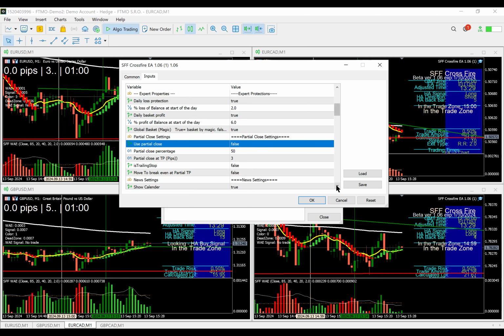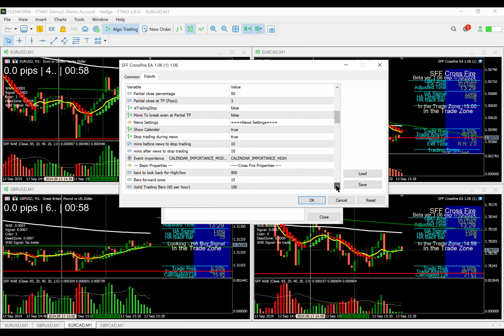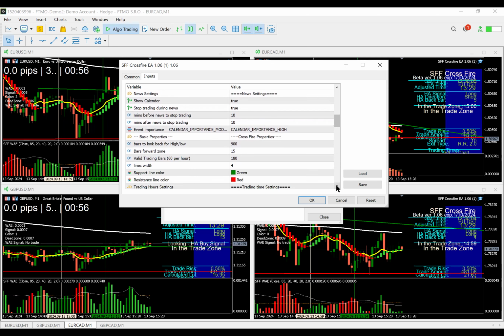New settings. Just move that up. So I've got the new settings set to true. Again, you can toggle that. I wanted to stop trading when there's news, and I wanted to stop entering trades 10 minutes before the news and not go into a trade until more than 10 minutes after there's high impact news.